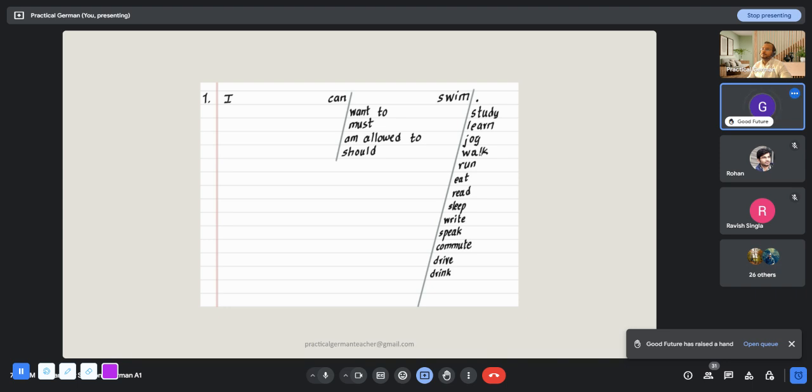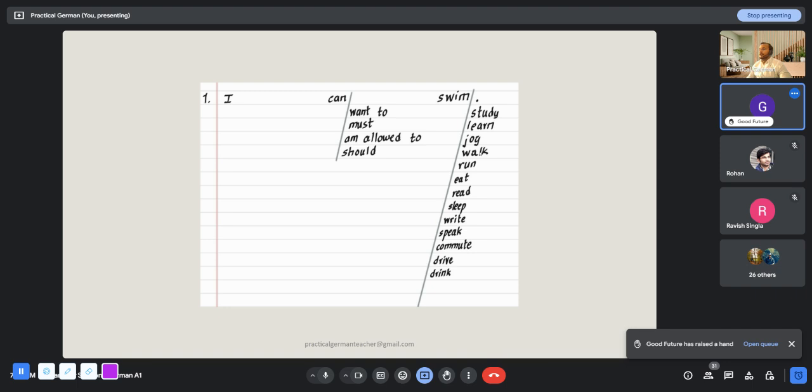Run, laufen, or you can say rennen. Eat, essen. Read, lesen. Sleep, schlafen. Write, schreiben. Speak, sprechen. Commute, fahren? No, fahren means to drive. Commute means something else. We discussed this, it was part of our vocabulary.